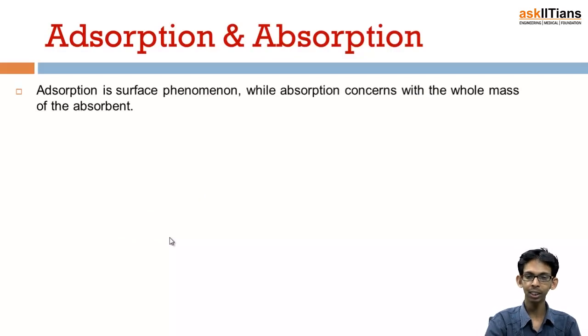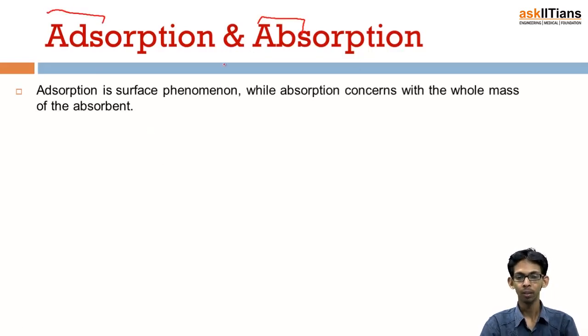Now there are two terms you must be aware of: adsorption and absorption. We have studied that in adsorption, the molecules are attached on the surface only. But there is another phenomenon called absorption, in which the molecules are attached not only on the surface but in the bulk also. They pass through the surface into the bulk.